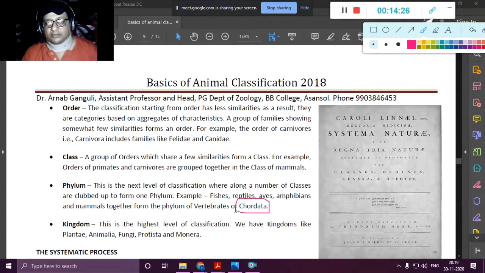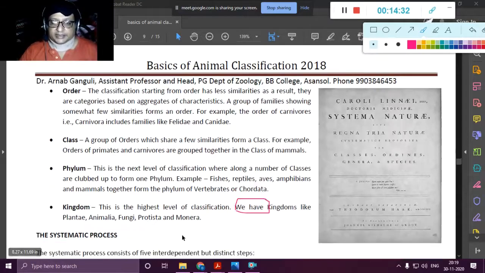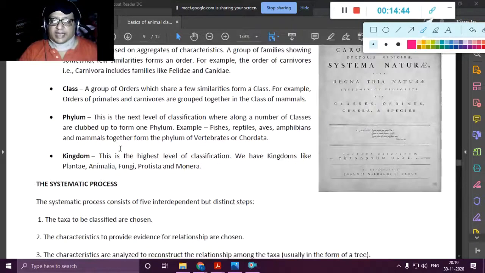Above that is the kingdom, the highest level: animals, plants, fungi, protists, monerans. So this is what we mean by taxonomic hierarchy.